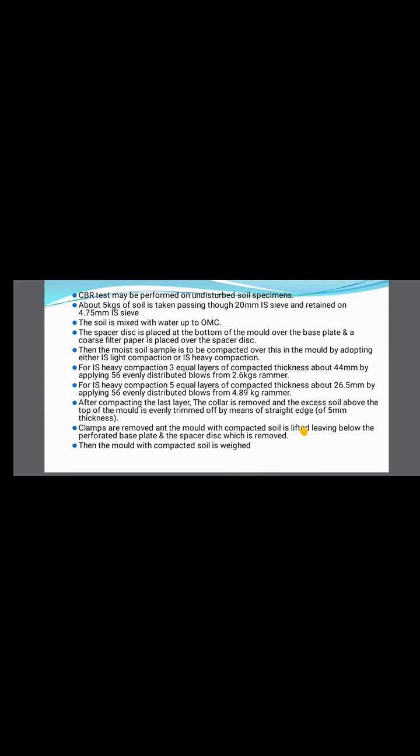For light compaction, it is 3 equal layers of compacted thickness about 45 mm by applying 56 evenly distributed blows from a 2.6 kg hammer. For heavy compaction, 5 equal layers of compacted thickness about 26.9 mm by applying 56 evenly distributed blows from a 4.89 kg hammer.